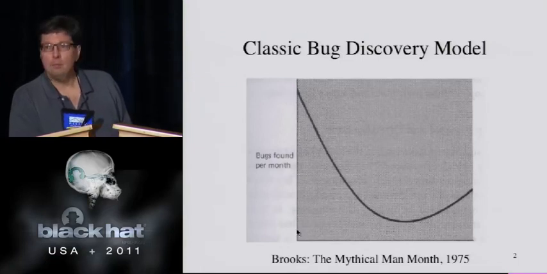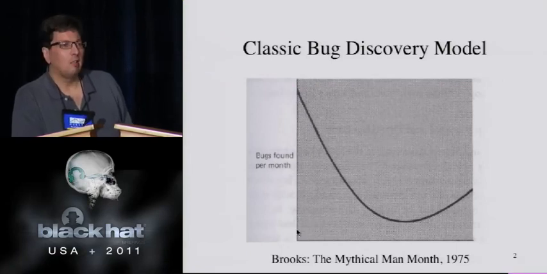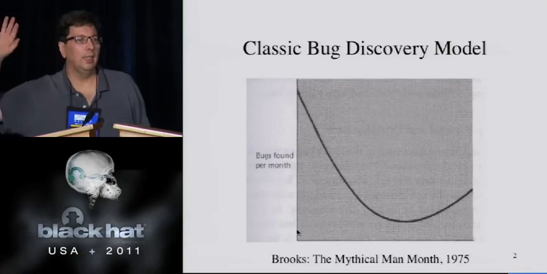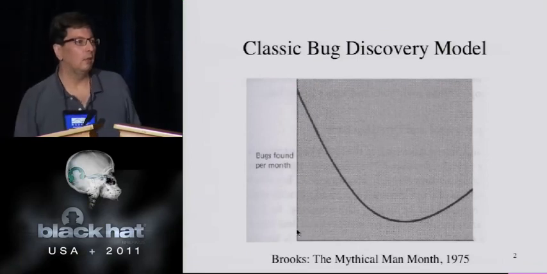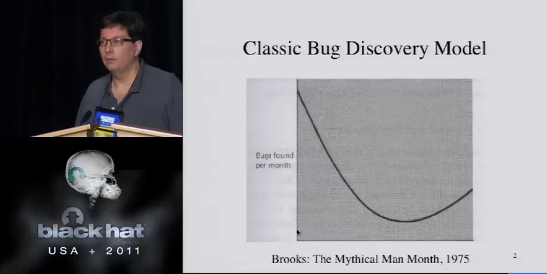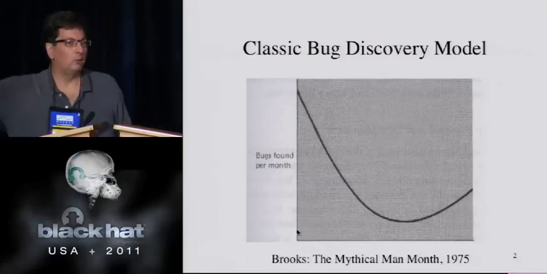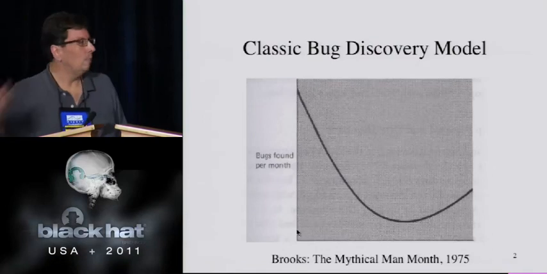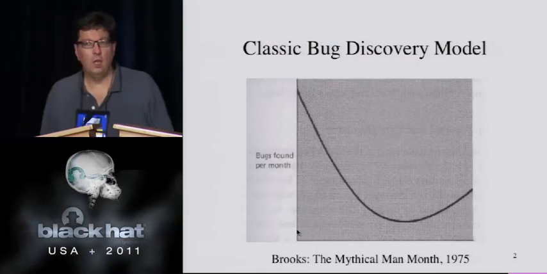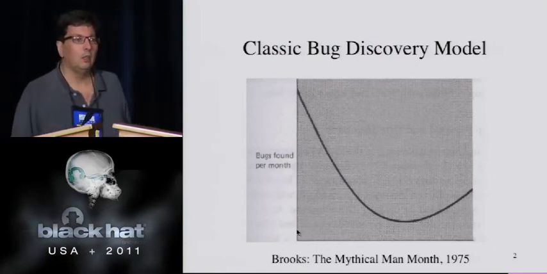And as time goes on, that rate of discovery of bugs goes down. And then after a while, it starts going up again, a long time later, when some of the more esoteric bugs start to be discovered and when environments change and the software gets stressed in surprising ways late in its life.